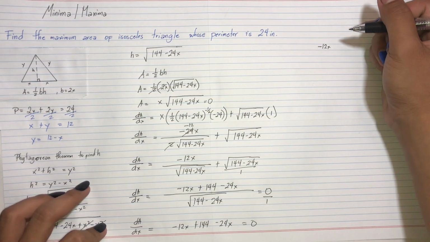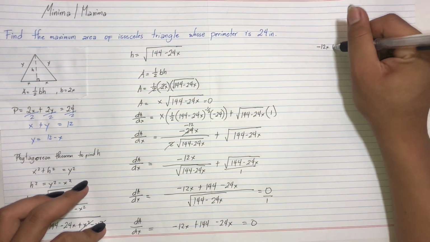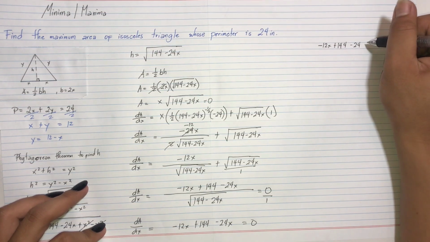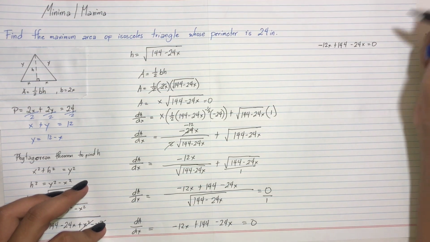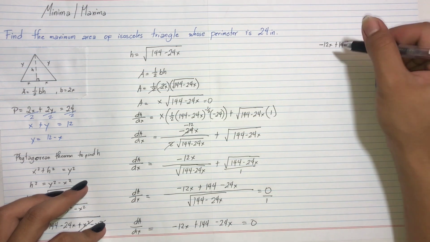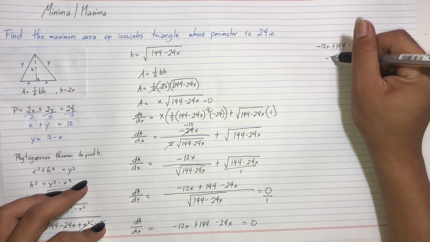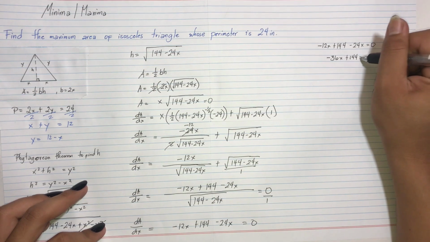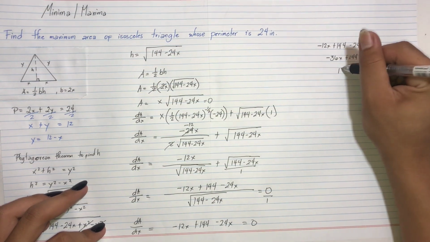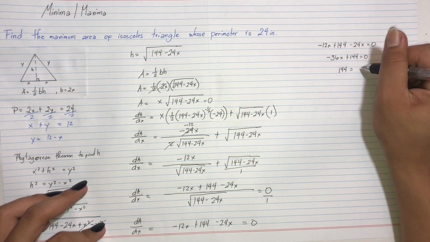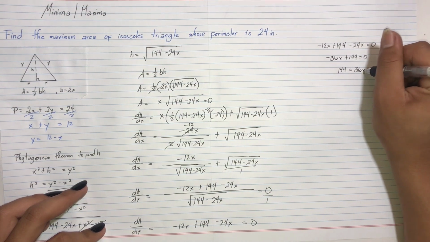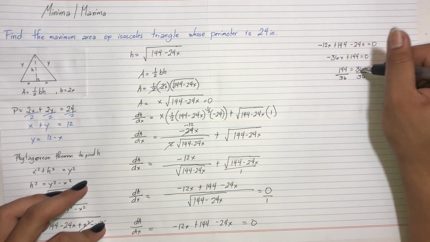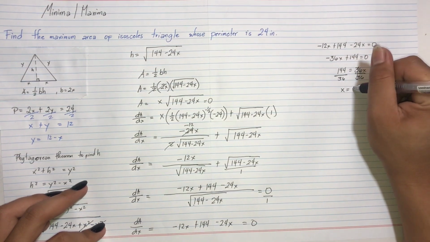Negative 12x plus 144 minus 24x is equal to 0. Combine like terms, that is negative 36x plus 144 is equal to 0. Transpose negative 36x, that gives us 144 is equal to 36x. Divide both sides by 36, then x is equal to 4.